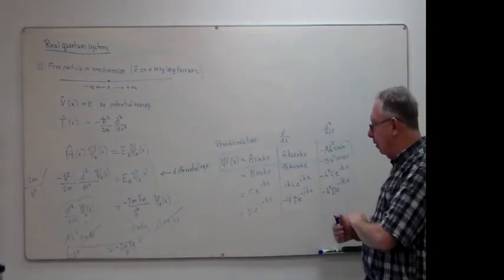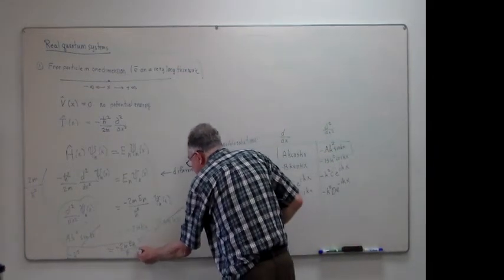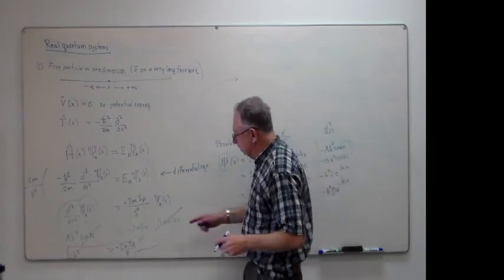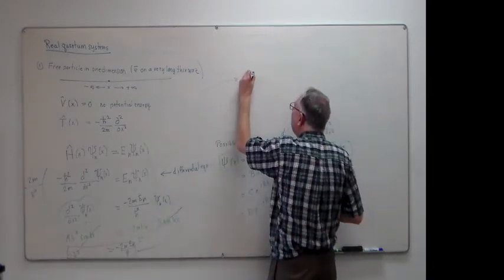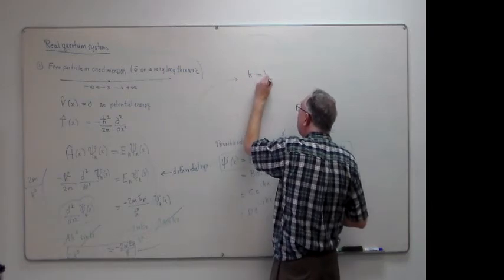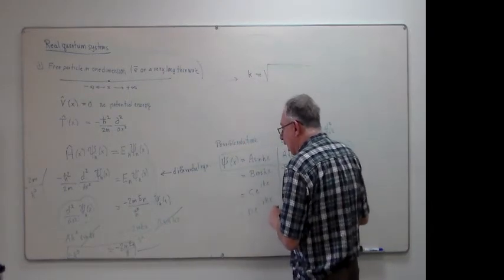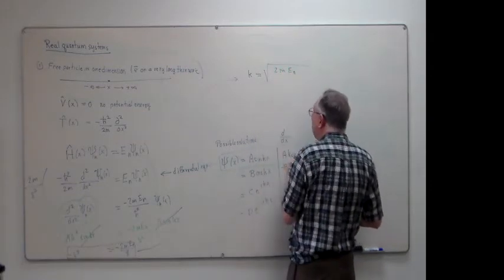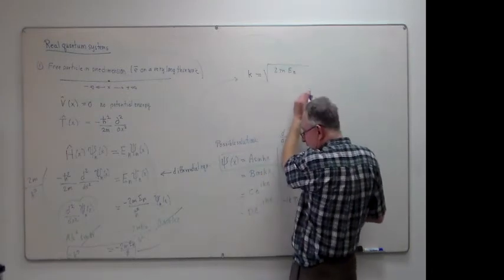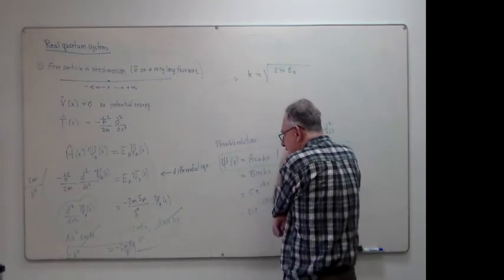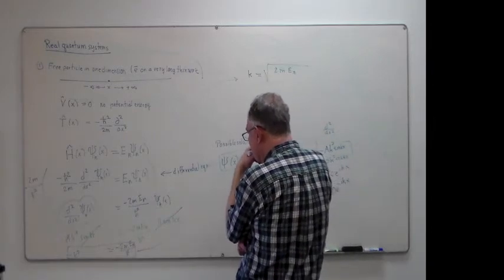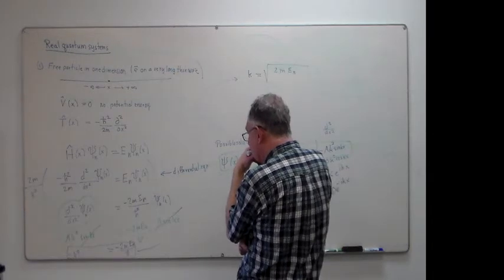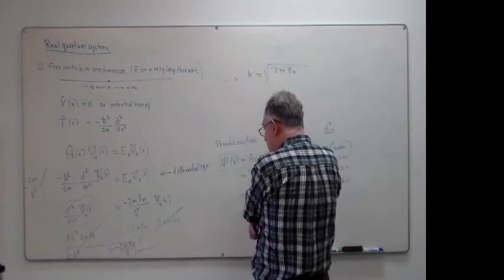Okay. And this free particle can go from minus infinity to plus infinity, oscillating away, no problem. Now, this is a high point, isn't it? Let's just finish up in the last couple of minutes. So we have negative signs away. We have k equals the square root of 2 mass E_n over h bar squared, let's see if I did this right.